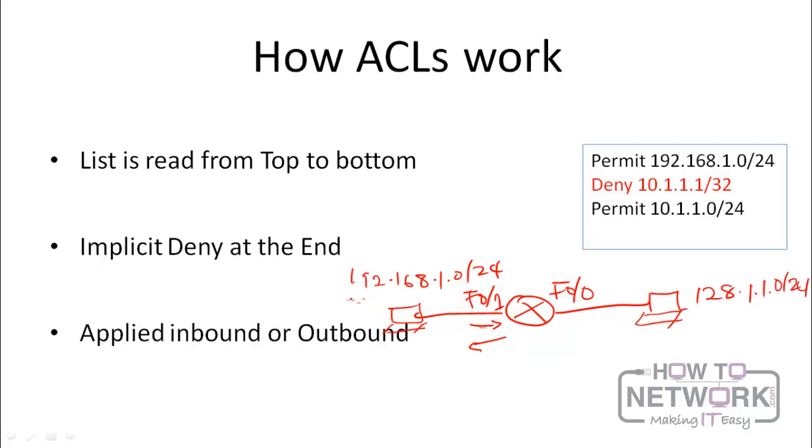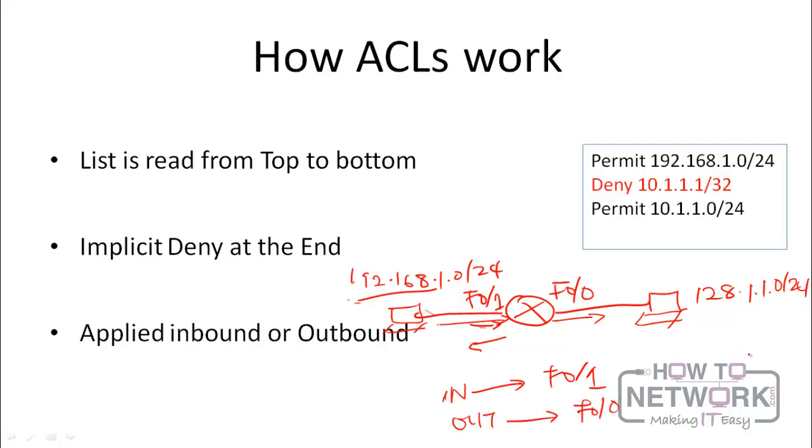If I want to match traffic that has been sourced from the 192.168.1.0 network, that means the traffic will be sourced from this network, and it's going to come inbound FastEthernet 0/1, but it's also going to go outbound FastEthernet 0/0. So I can apply my access list inbound FastEthernet 0/1 or outbound FastEthernet 0/0.